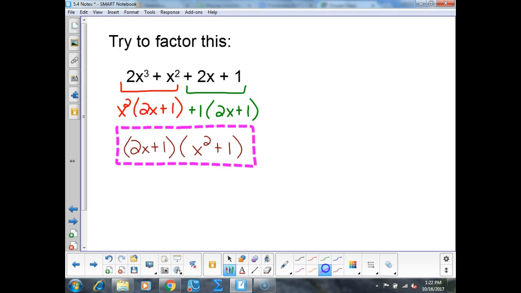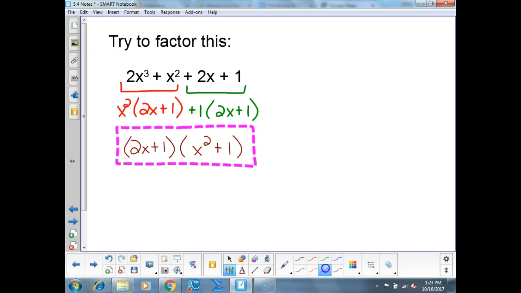The middle is plus 1, because nothing goes in the green section, nothing is common. So I have to have 1, since that is the only thing that's common. Yes, ma'am. As long as you know that there's a 1 there. And then I did 2x plus 1 and then x plus 1.